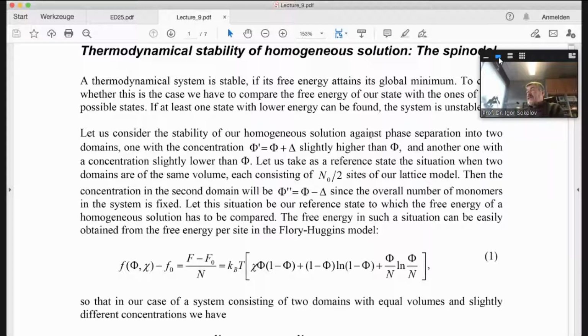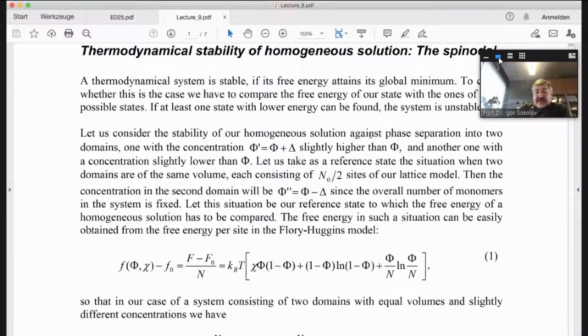So this means that when you act on your system and change phi, and phi is essentially within the model the only parameter to which you have access, the system may go from a single phase situation, which means a homogeneous solution, to a two-phase situation, which are two homogeneous solutions. And now let's have a look at what kind of these two homogeneous solutions can be attained, and under what conditions it happens.